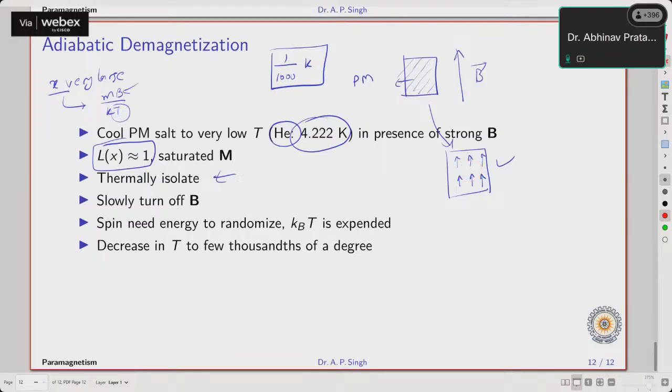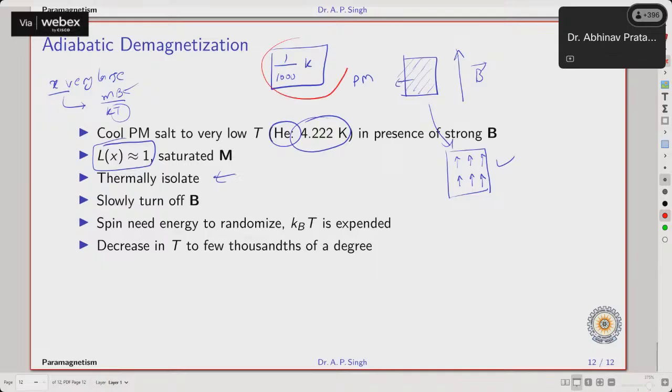So you reached around 4 Kelvin, and after that, because of this randomization effect, thermal heat is extracted from your paramagnetic material in randomizing the dipoles. Because of that extraction of heat, the temperature actually decreases to a few thousandths of a degree.